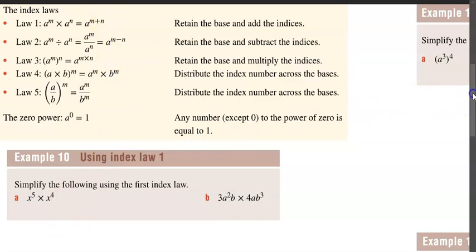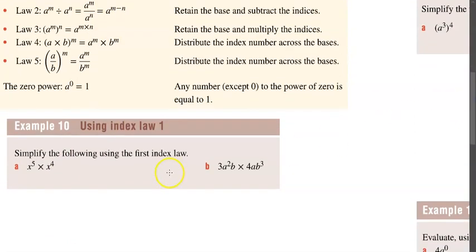So when we look at this example, simplify the following using the first index law. This is x to the power 5 times x to the power 4. Now I'm going to write the extended version out. X to the power 5 is x times x times x times x times x, because there's 5 of them.